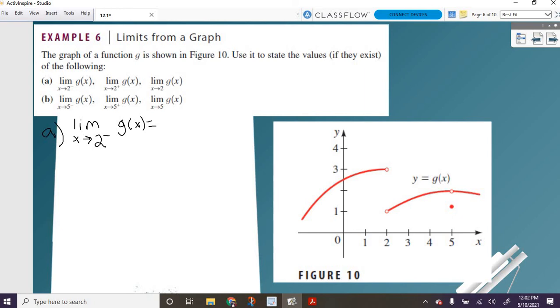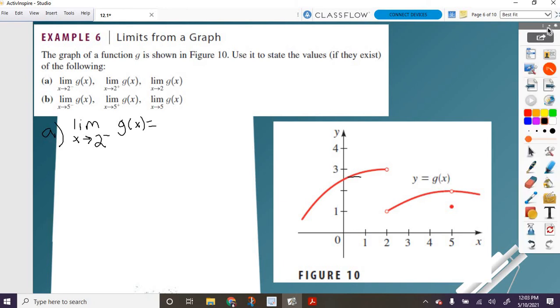Are y'all with me? So I'm looking at, if I'm approaching it from the left-hand side, what y value is my graph getting closer and closer to? 3. Do we all see that? So this would equal 3.